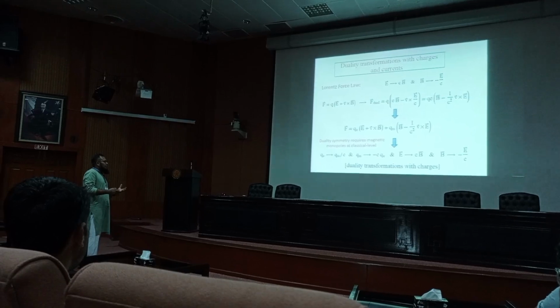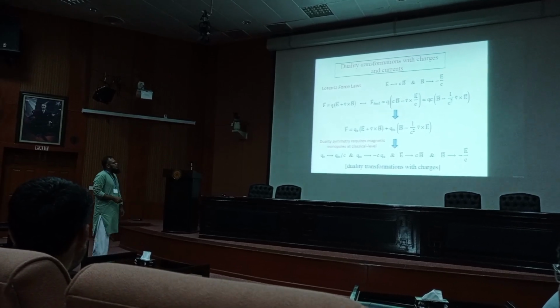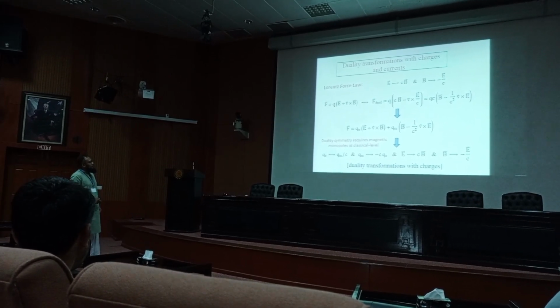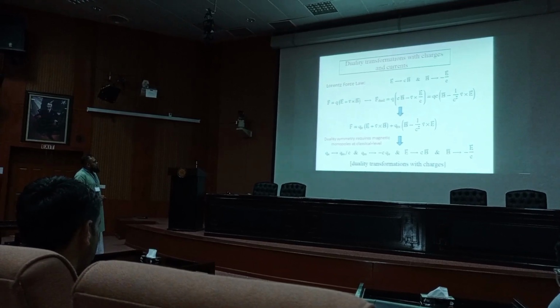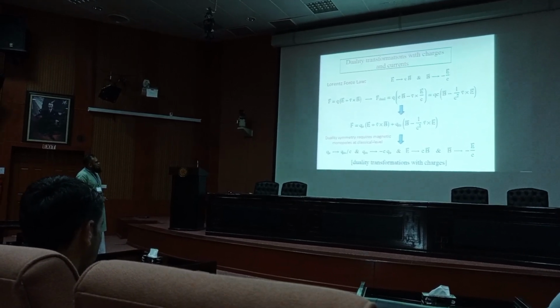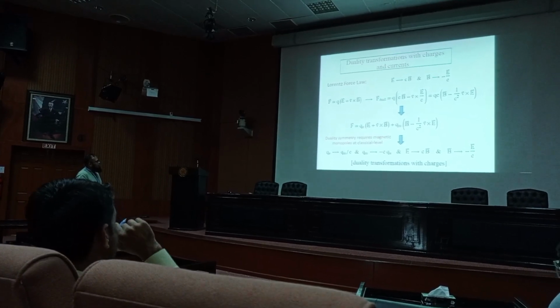So you can add in the Lorentz force law another term with magnetic charge. To this first part, now we will add subscripts. This one is electric charge and this is magnetic charge.